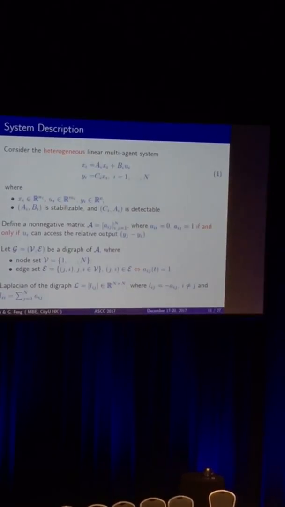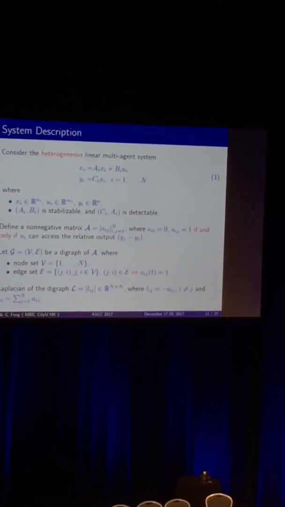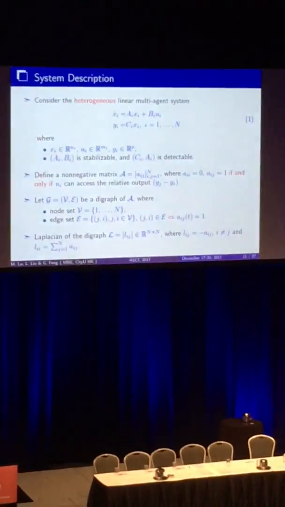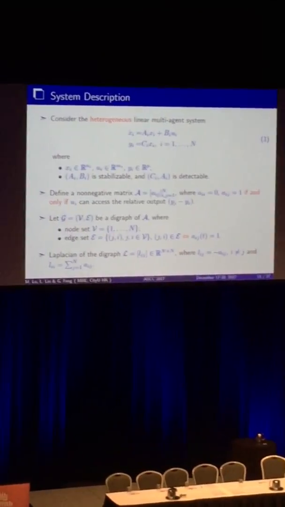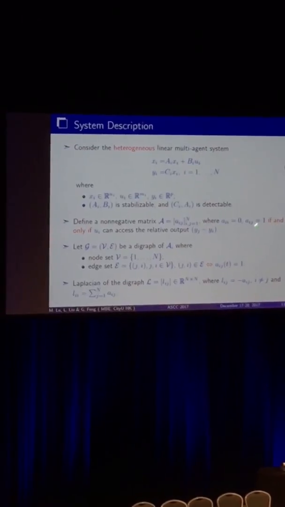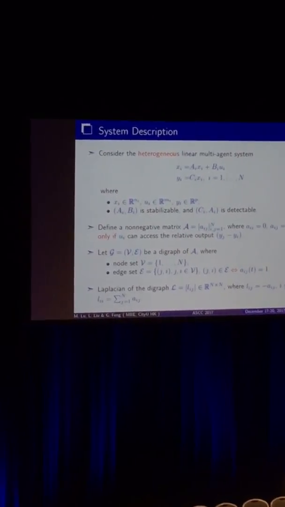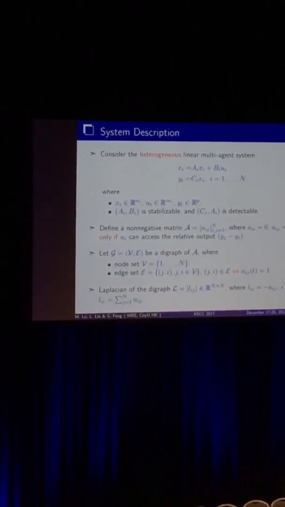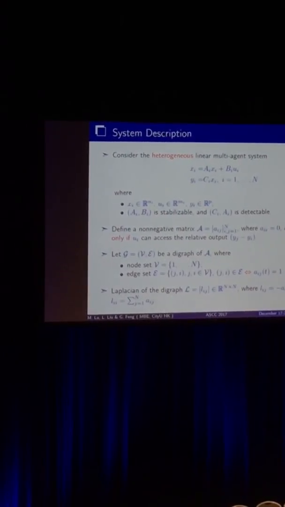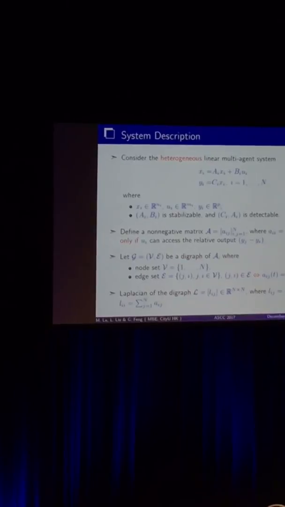Associated with this multi-agent system we can define a non-negative matrix, capital A, where its element a_ij equals 1 if and only if the controller u_i can access the relative state of this heterogeneous multi-agent system.